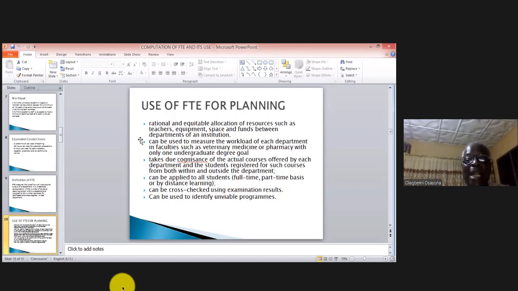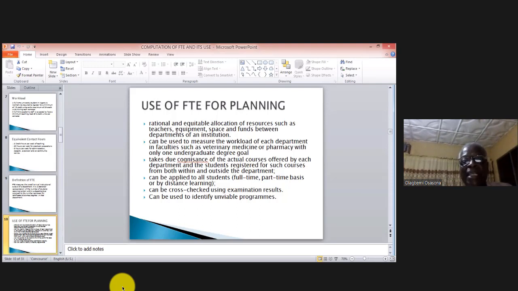So if we want to allocate staff, if we apply the teacher-student ratio to 3, that will not be equitable and it will not be rational. But if we apply it to the 90 FTE, that will make the allocation equitable.